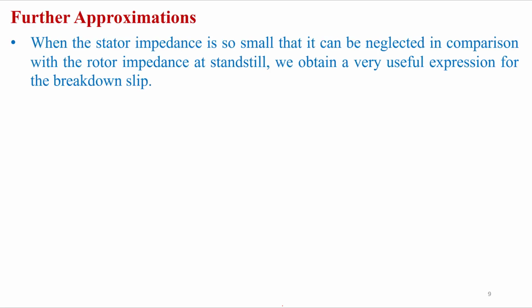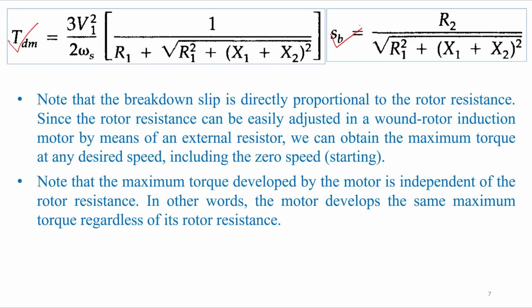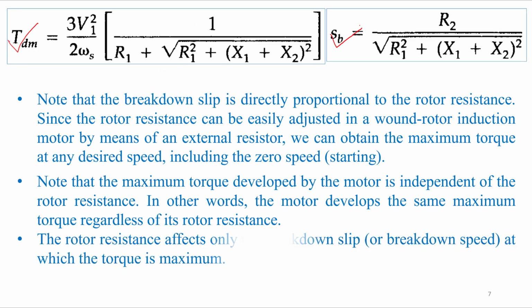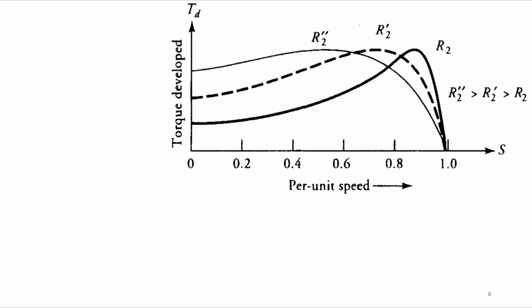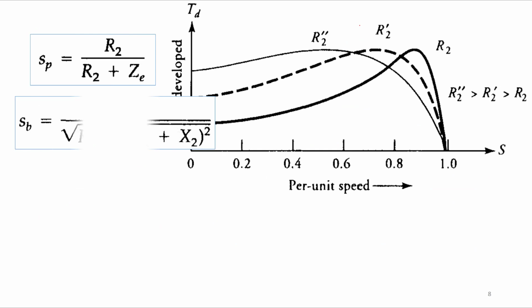What further approximation can we do? The further approximation is that we assume the impedance of the starter is negligible as compared to the rotor impedance.